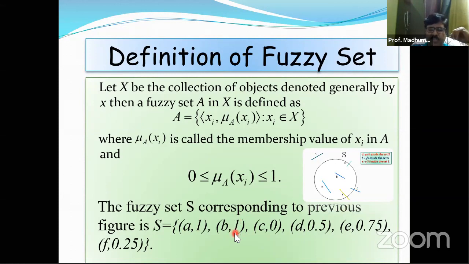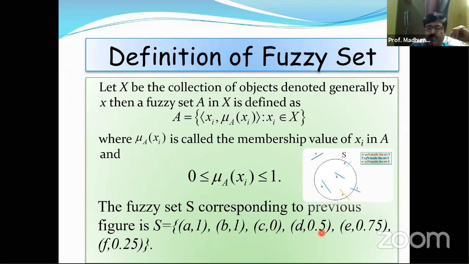C comma 0 means it is completely outside the set, but we have considered C as an element of S. This is one advantage of representing a fuzzy set: all elements, whether completely belonging, partially belonging, or not belonging, can be written within the set.